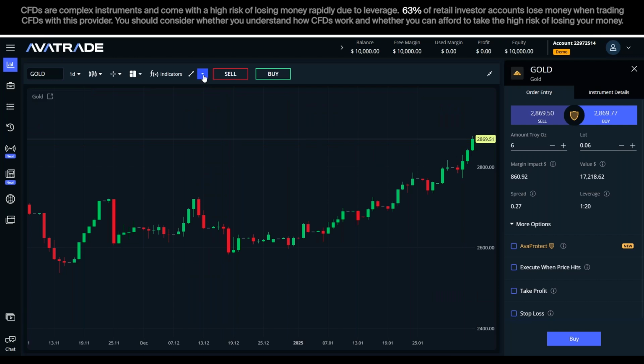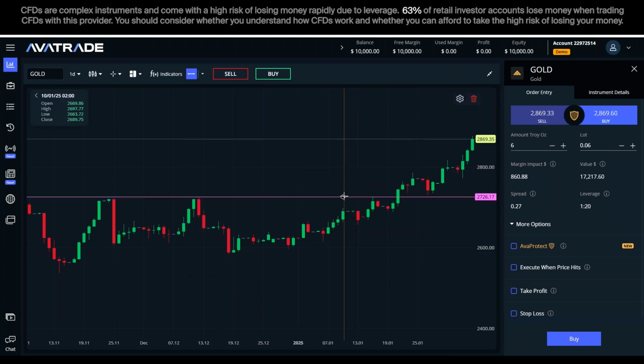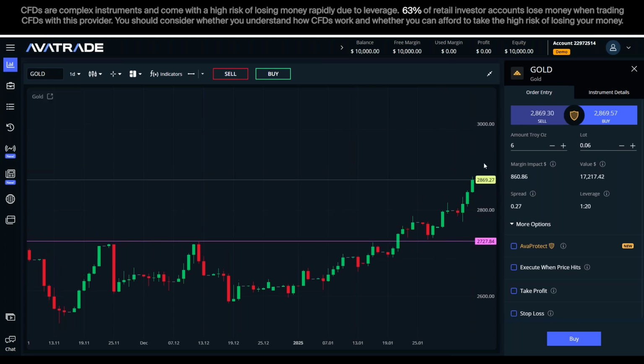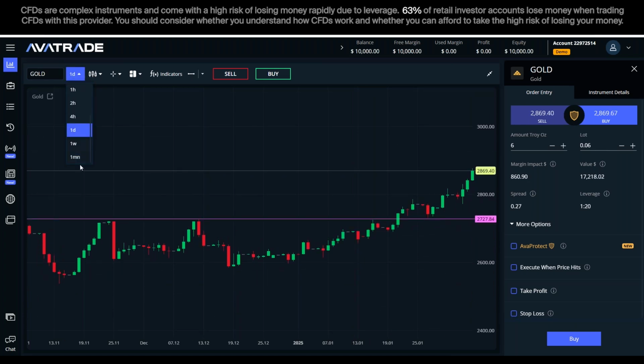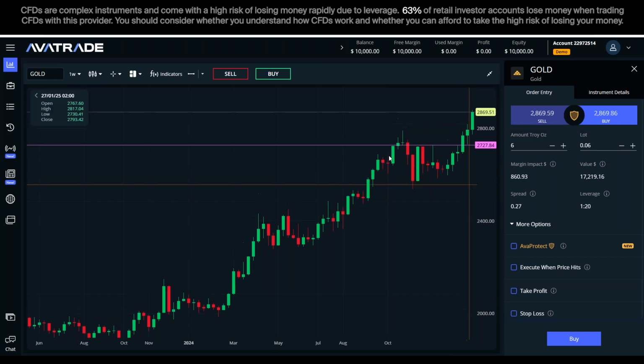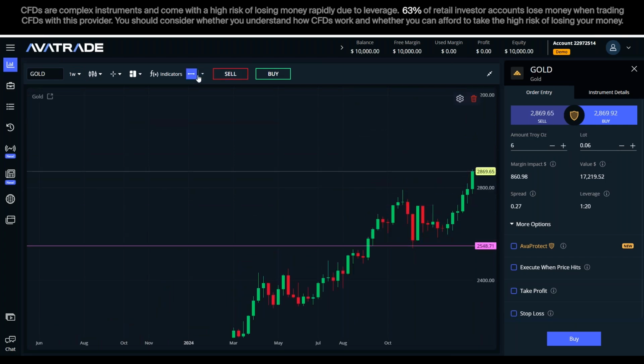And here at the end, you have the sell and the buy. And before that, you have this nice list of ingredients that can help you customize the chart and have better understanding of where you are and where you're aiming.